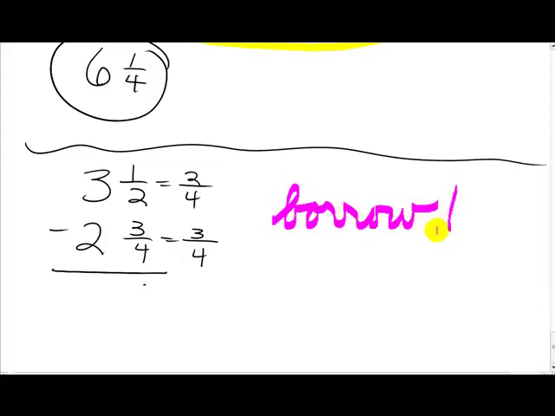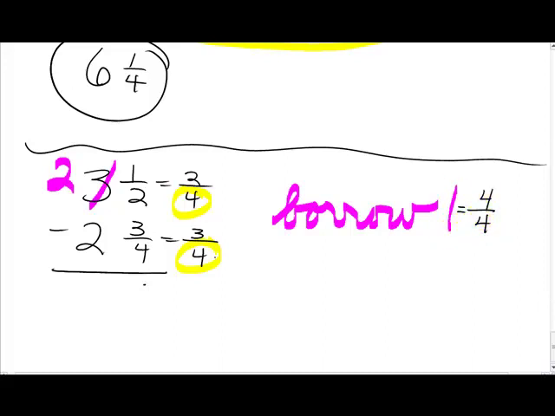And I'm borrowing a whole 1 from the 3, so it now becomes 2. But I'm going to write this 1 as a fraction with the same denominator as these two fractions. So we've got to make a denominator of 4, and if I have a denominator of 4, the top has to be 4 for it to equal 1.